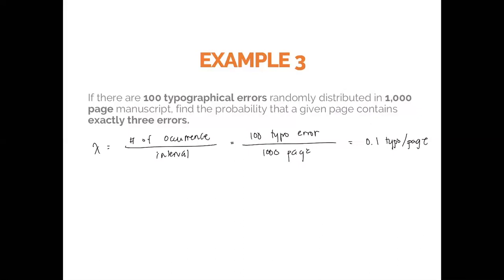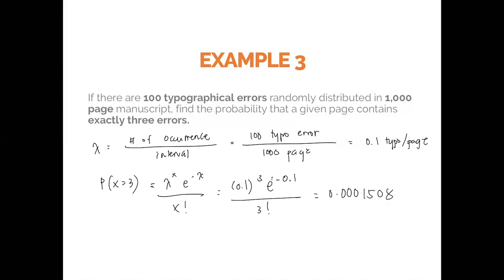Okay? Then pinapahanap sa atin is exactly 3 errors. So using yung formula natin na lambda to the x, e negative lambda over x factorial, we have 0.1 raised to 3, then e negative 0.1 all over 3 factorial. Calculating that in your calculator, we have 0.0001508 or 0.015%. Okay, so that is our probability.